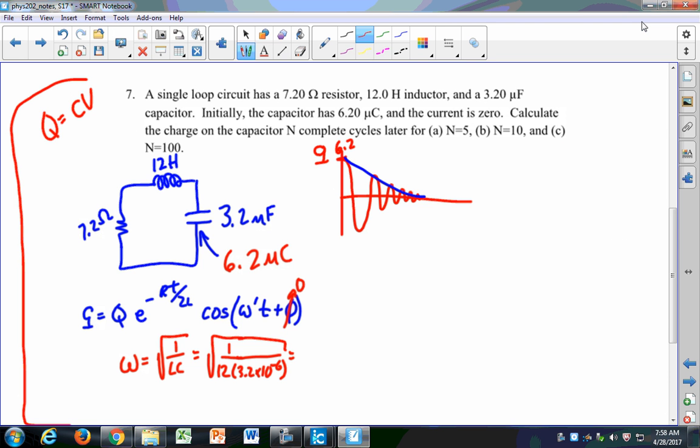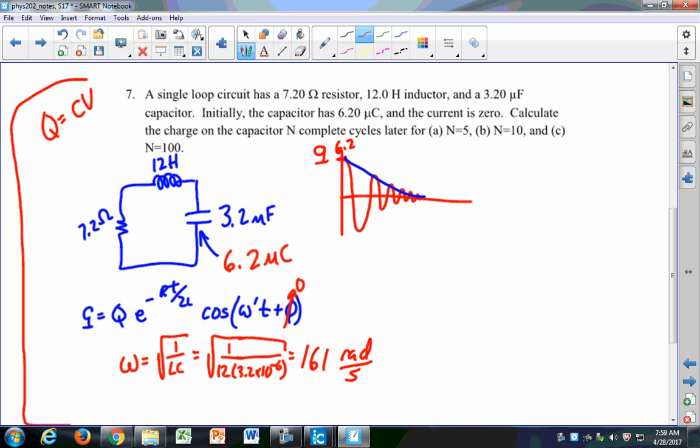All right, so 1 over LC is 1 over 12 times 3.2. I get 161. This is in radians per second.